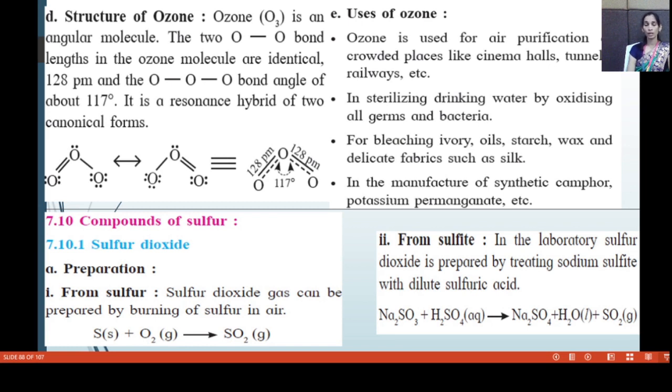Ozone is also used in bleaching oils, starch, wax and delicate fabrics such as silk. It is also used in the manufacturing of synthetic camphor and potassium permanganate. These are all the uses of ozone.